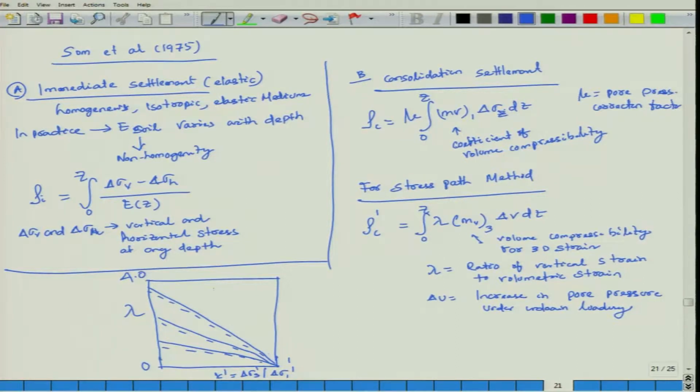So, this dark line is your observed, dotted line is your theoretical.